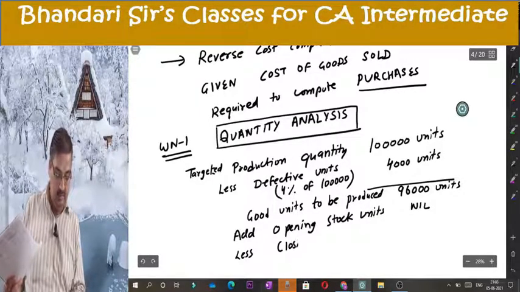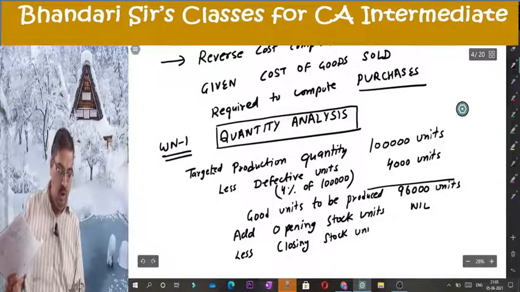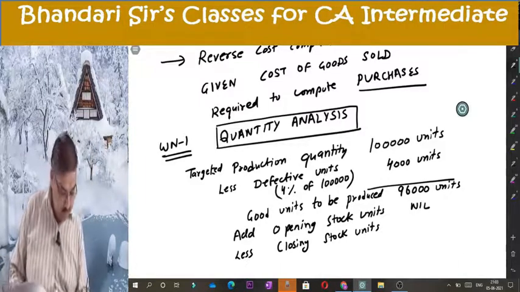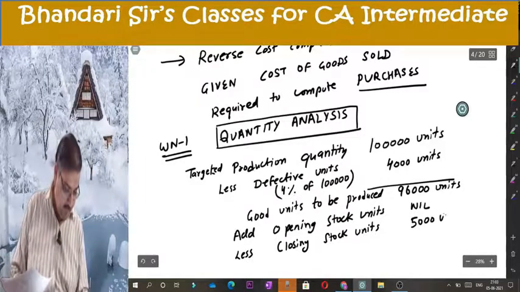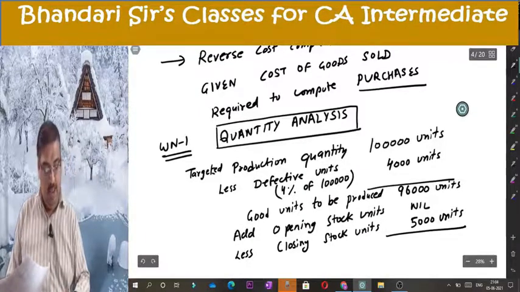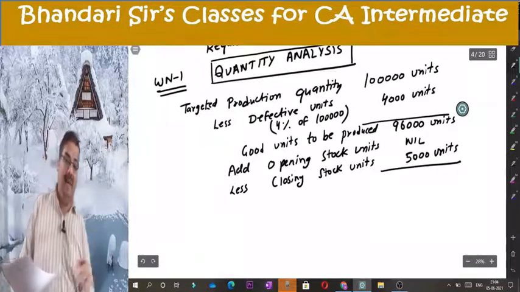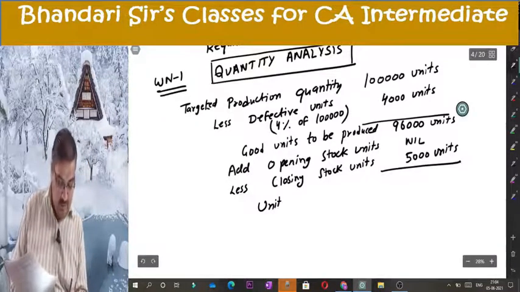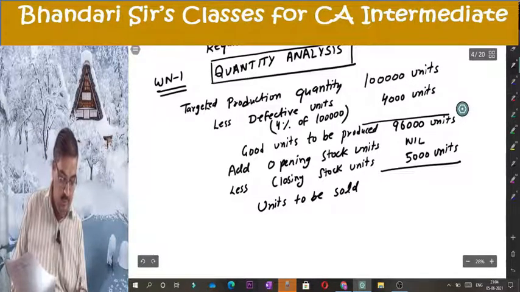Less closing stock units given in the question at 5,000. So as per my target or budget that I am preparing, units to be sold 91,000 units.